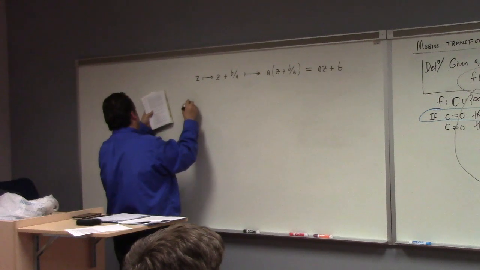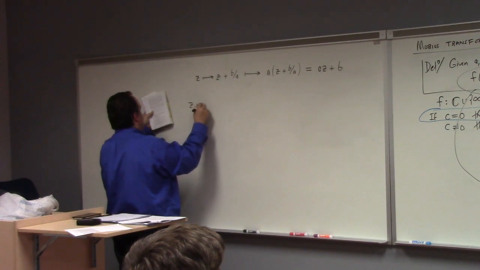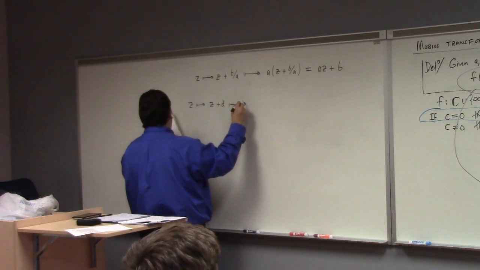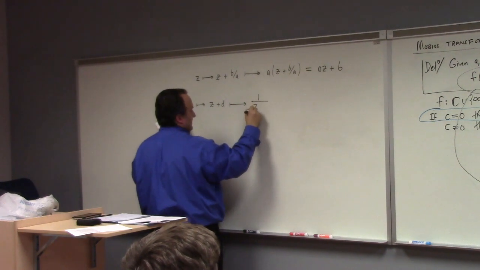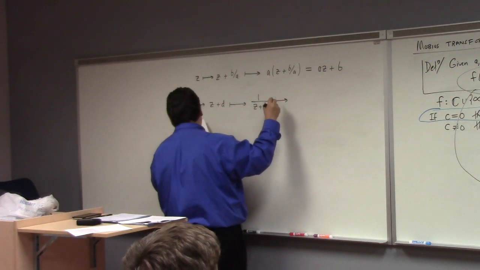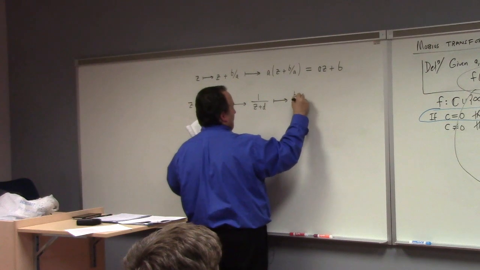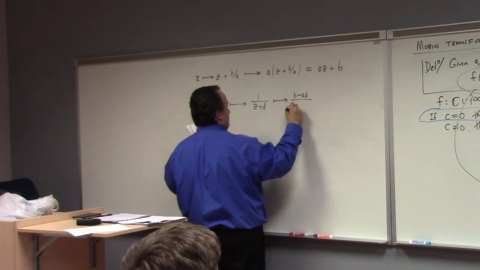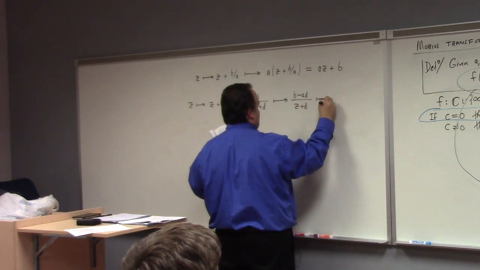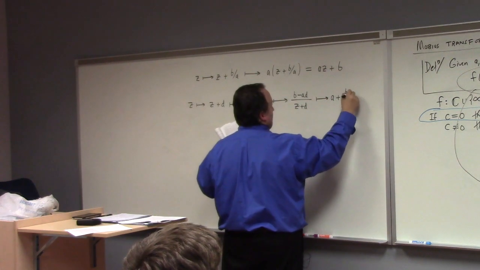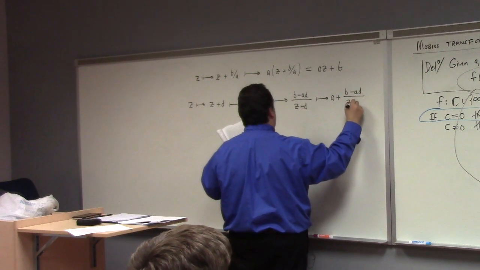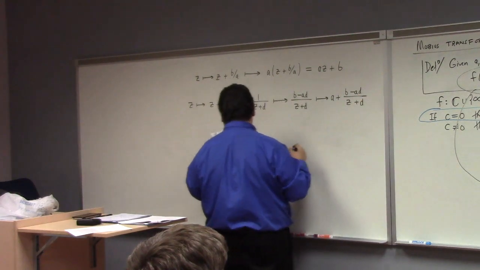But we can also look at Z maps to Z plus D, and then we can map that to 1 over Z plus D, and then we can map that to B minus AD over Z plus D. And then we can map that to A plus B minus AD over Z plus C, Z plus D, right?